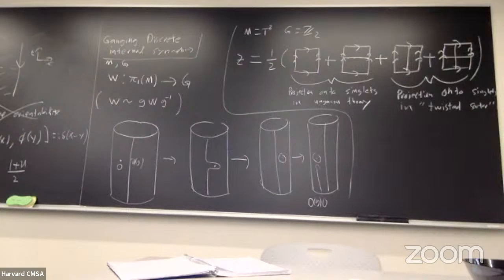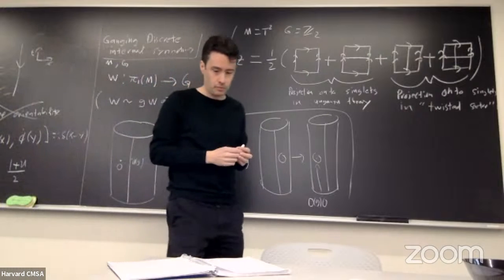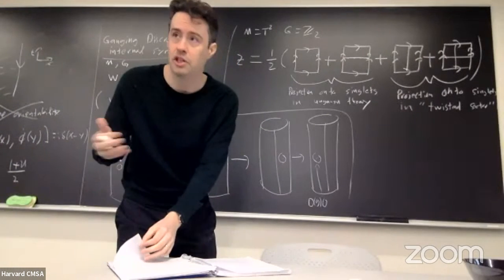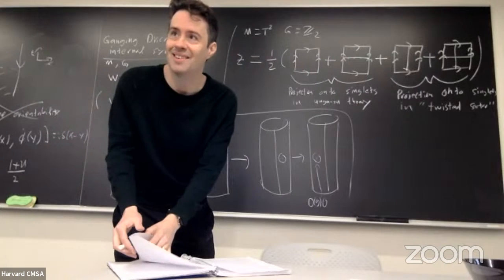You want the rules for computing the partition function to be local. It's a local redundancy. There can't be some weird global restriction on it. Somehow a failure of modularity is really a failure of locality.